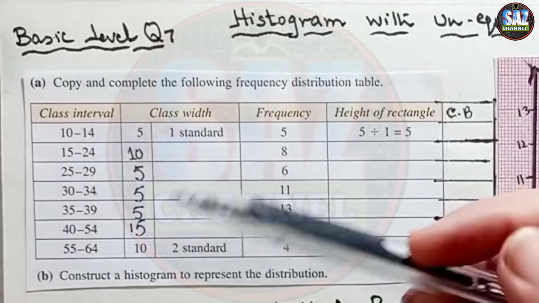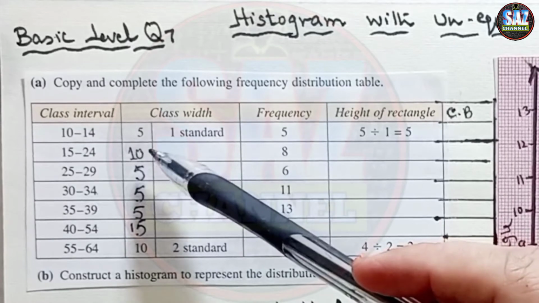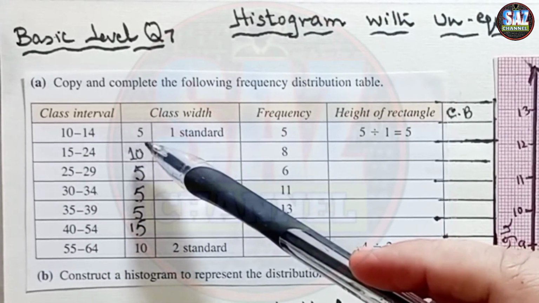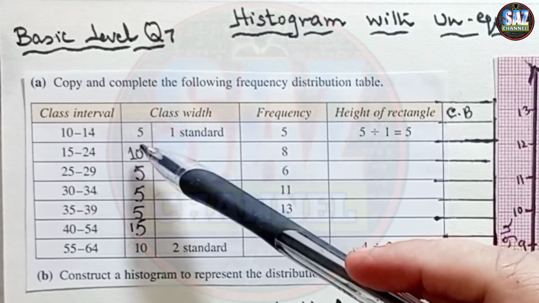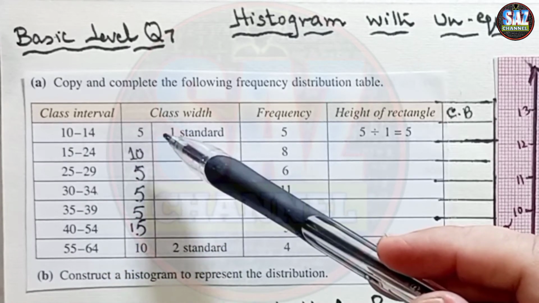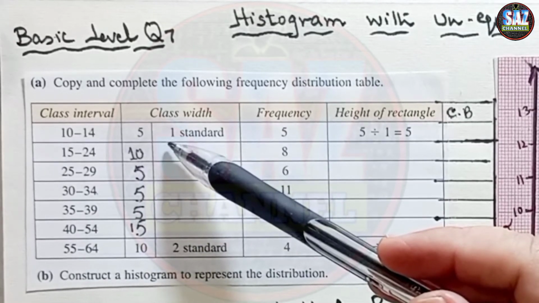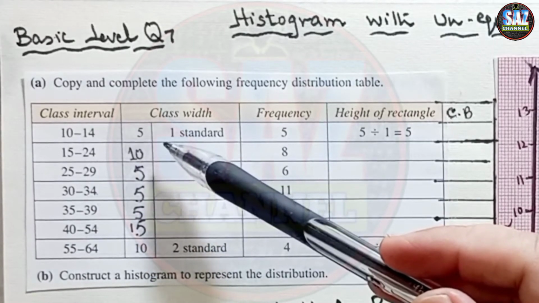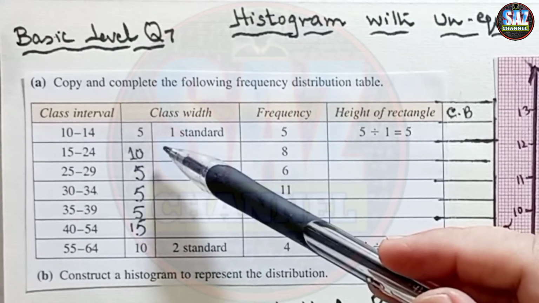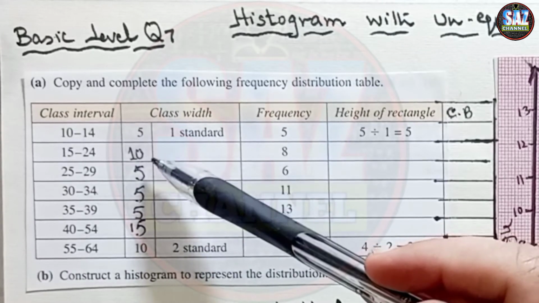Now look at the information which is given in the question, that the examiner is saying that for all those classes which are having the class width 5, we will be taking them as the standard. Here I want to make one thing clear to all of my students. When the class width will not be coming same, then there will be one width for which the rest of the classes will be the multiple of that.